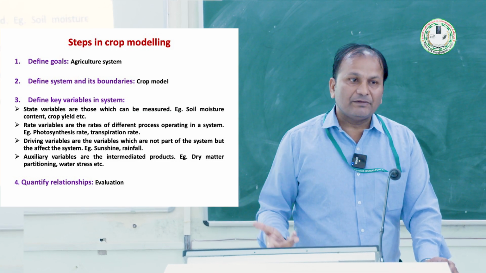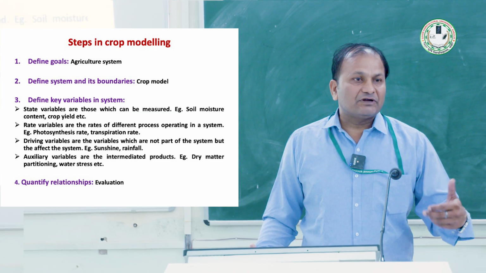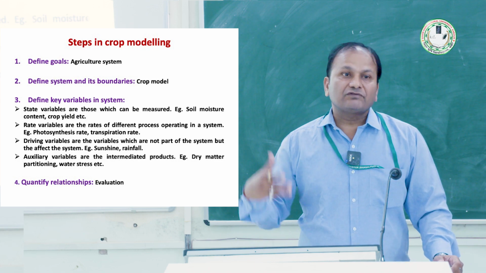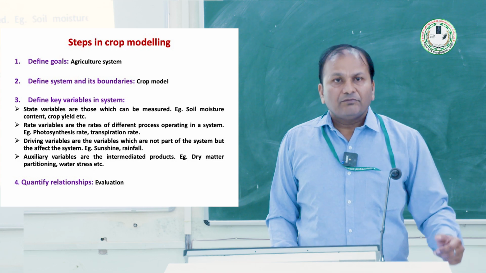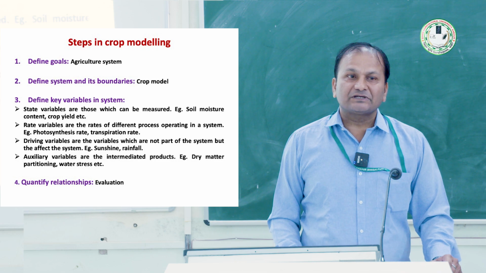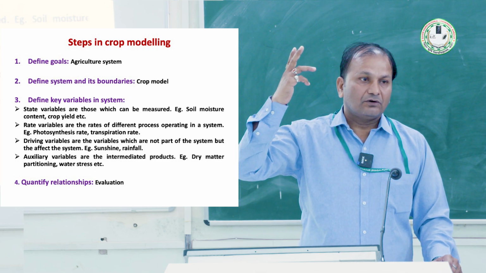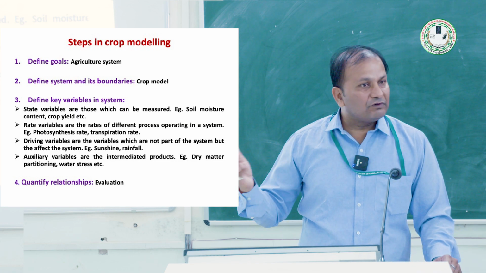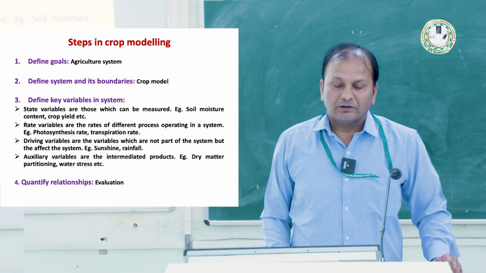Before yield, we may be knowing that if the climate changes, the scenario will change, then what will be the yield? Maybe our goal is different. Maybe our goal is what will be the evapotranspiration if the temperature is more than 42 degrees centigrade or less than 30 degrees centigrade. What will be the condition? So the goal will be changing. So first of all, we will have to define the goal.